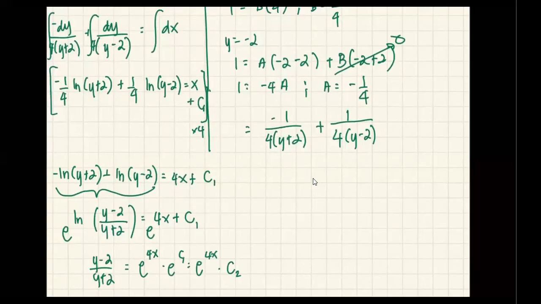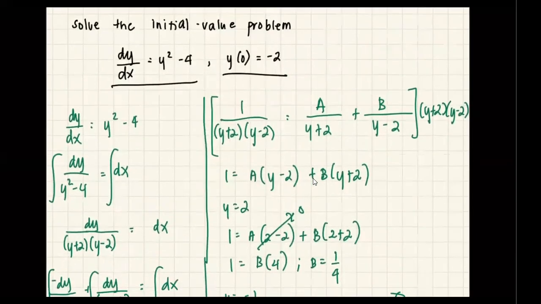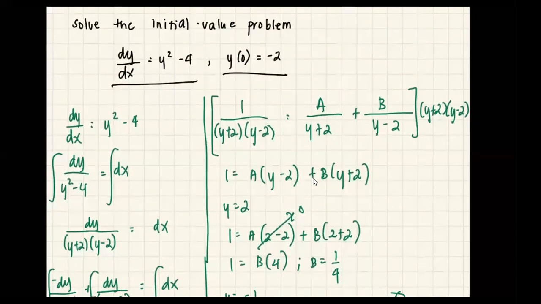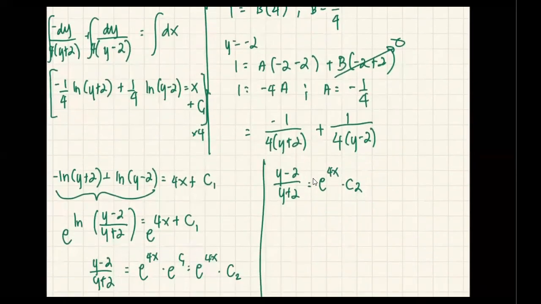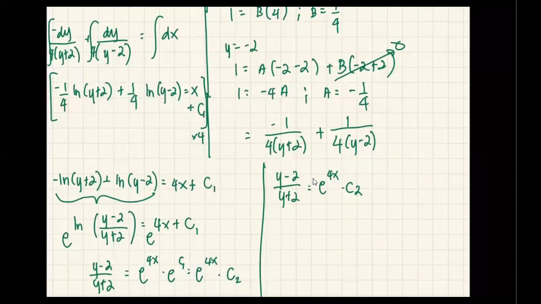So, meron tayong given na value ng y. Okay? So, ito yung solution natin una. y minus 2 over y plus 2 is equal to e to the 4x times c2. Ngayon, may given na kapag ang x is equal to 0, y is equal to negative 2. So, anong gagawin natin doon?